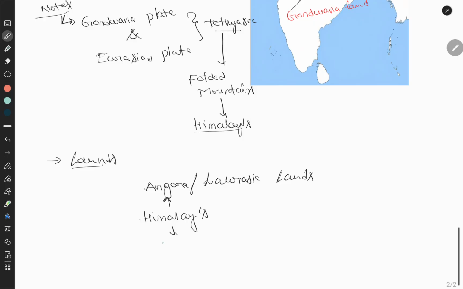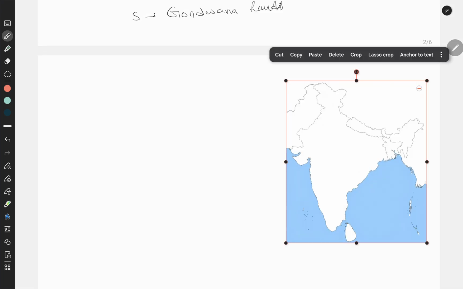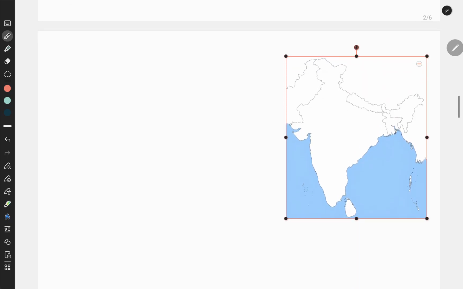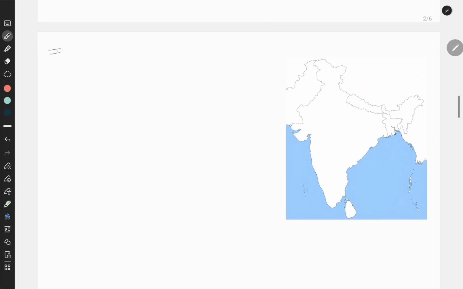The lands in the south part of the Himalayas we call Gondwana lands, as usual. So the Gondwana lands are in the south part of the Himalayas, and the Angara lands are in the north part. Now coming to this point.